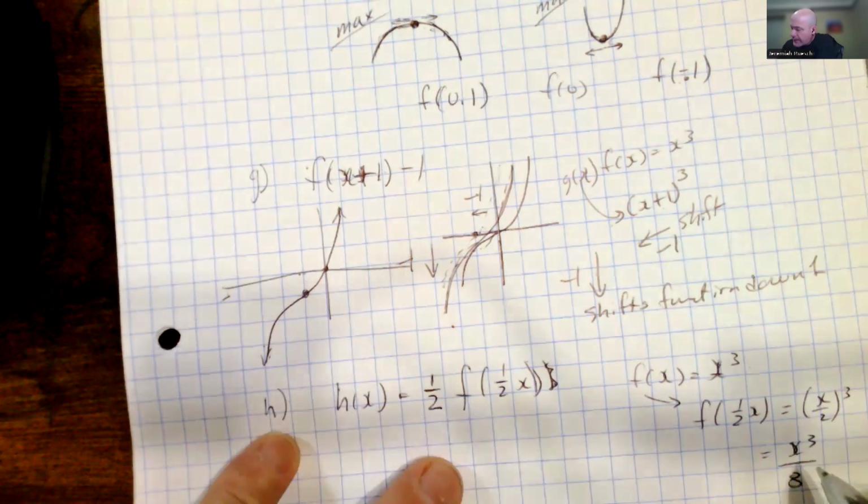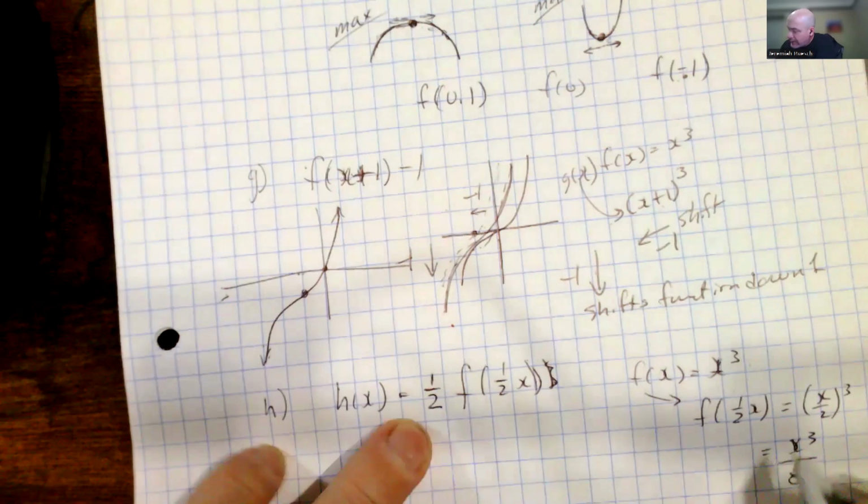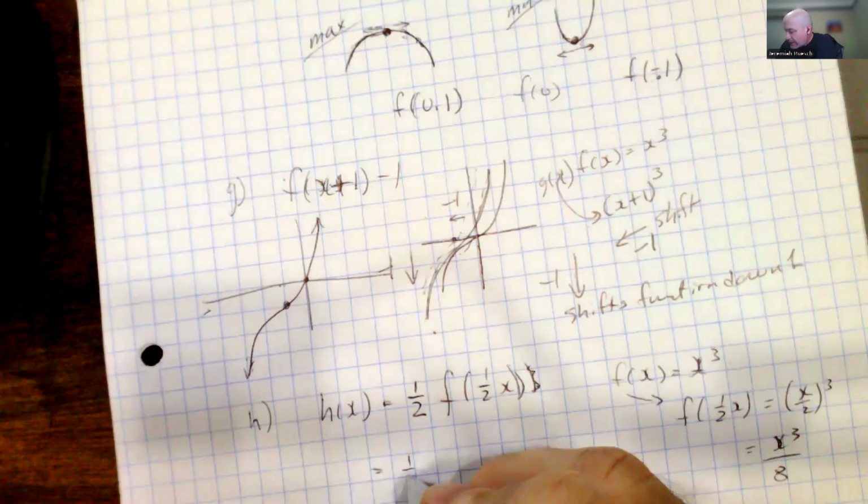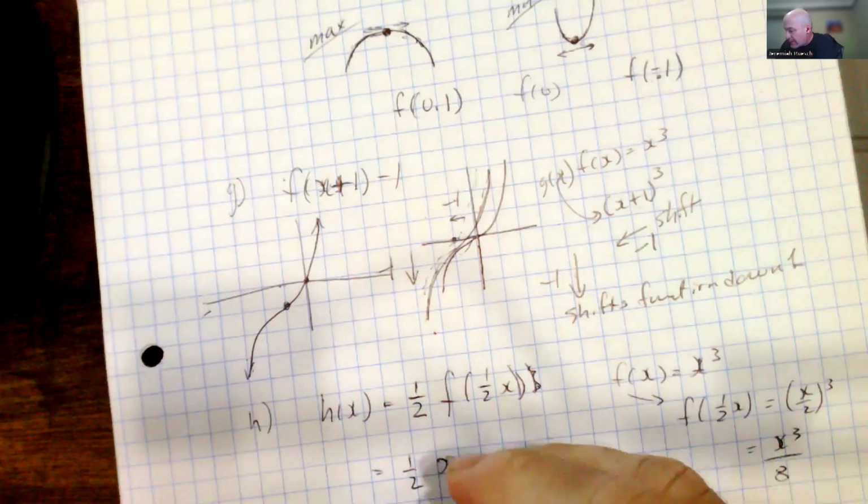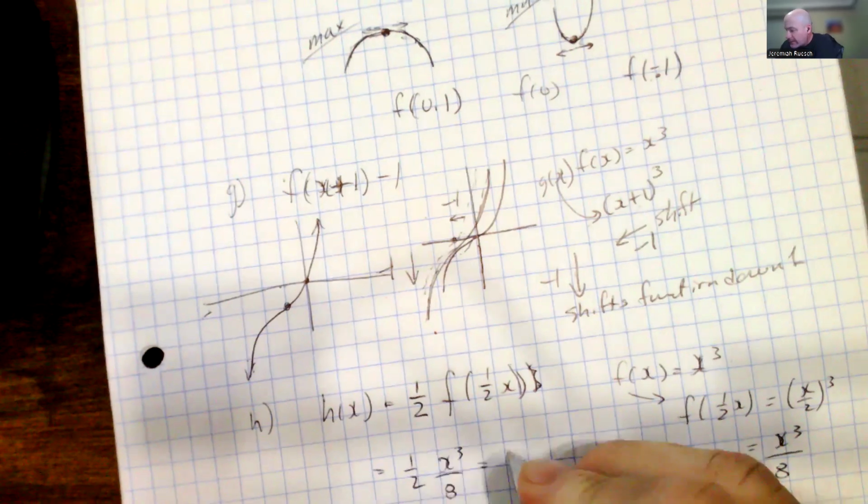After that, we're going to multiply that by 1/2. So 1/2 of x cubed over 8 makes this x cubed over 16.